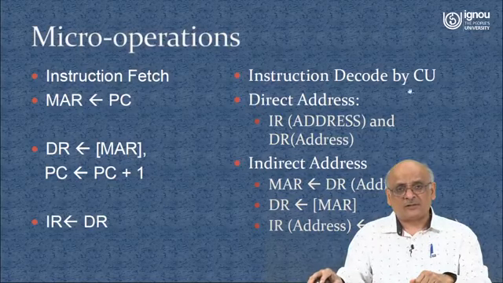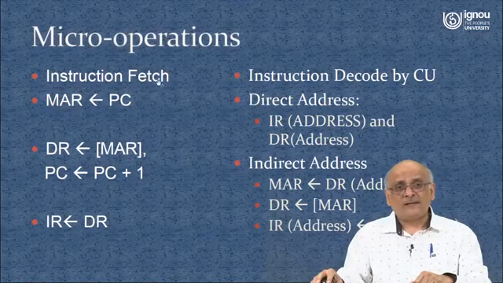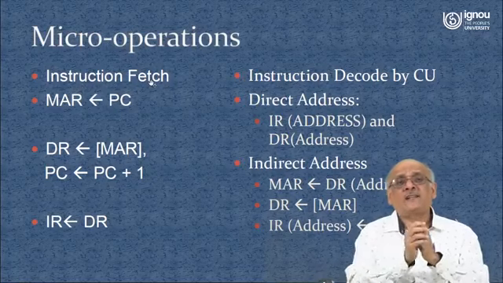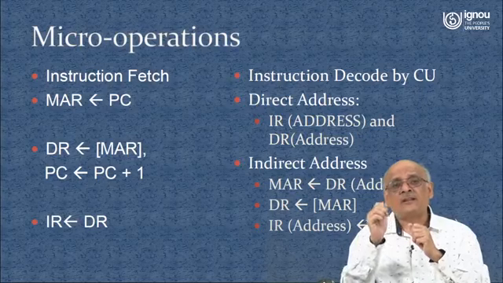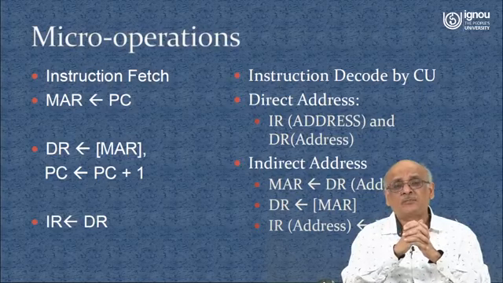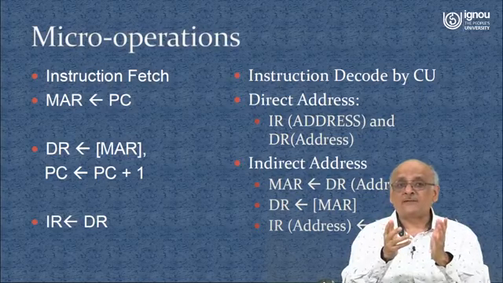Just don't concentrate on this part, just concentrate on this particular area. The first thing is I need to bring the instruction into memory. So how do I do that? Where exactly does the address of the next instruction reside? The program counter register.